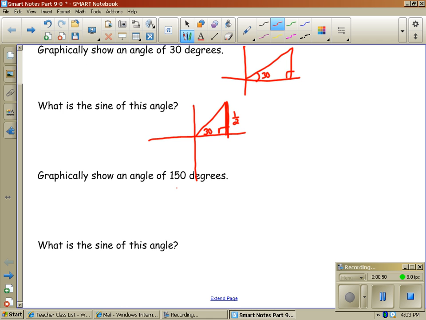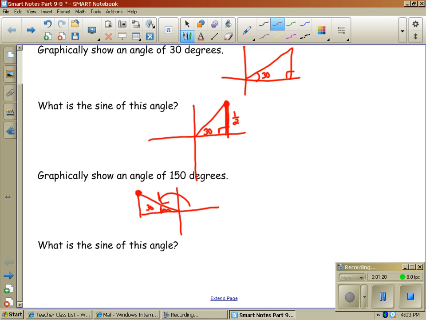So if we have an angle of 150 degrees, right, so here's your point, 1/2. If we have an angle of 150 degrees, and we want to find the sine of that angle, well, if this is 150, this angle here is 30.